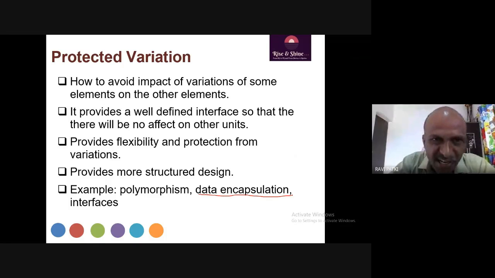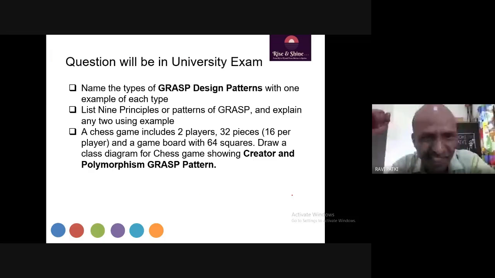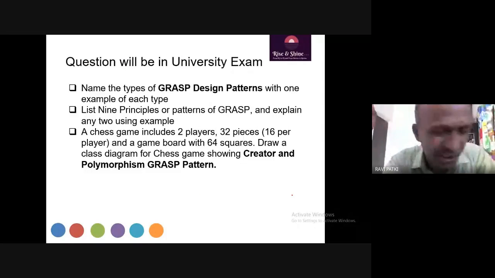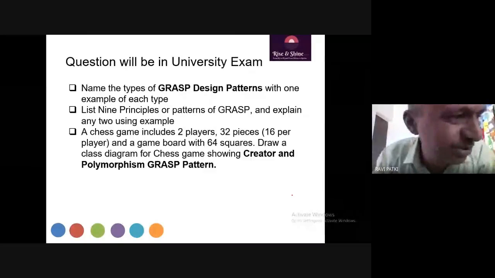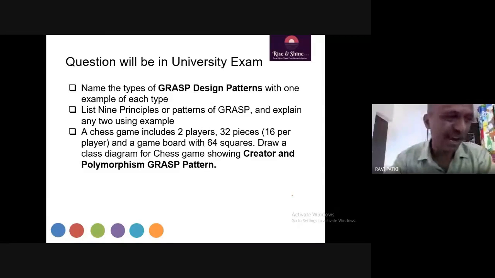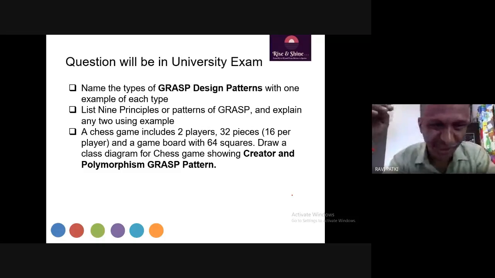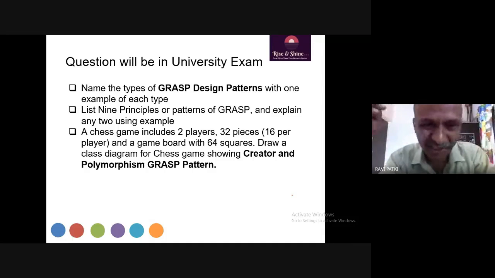Hope you understand all these 9 principles. So questions will be asked in the university exam. No one will ask you very tricky questions, because now I'm not the chairman of this subject. When I was the chairman, I asked some tricky questions. But now a straightforward question will sometimes be asked.